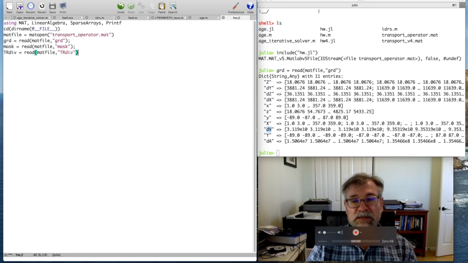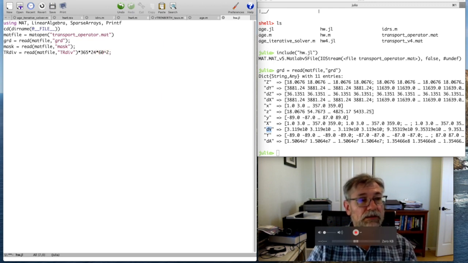So trdiv is this flux divergence tracer transport operator. It has dimensions of inverse time, units of inverse seconds. So it gives you the divergence of the flux of tracers, which will have the dimensions of inverse time. And it's in seconds, so I'm going to convert it into per year. So I multiply by the number of seconds in a year, 365 times 24 times 60 squared.